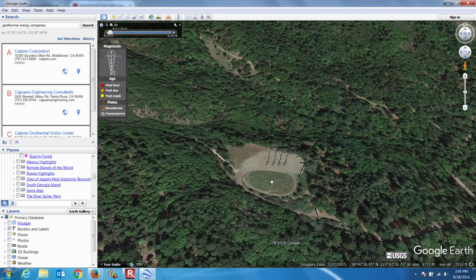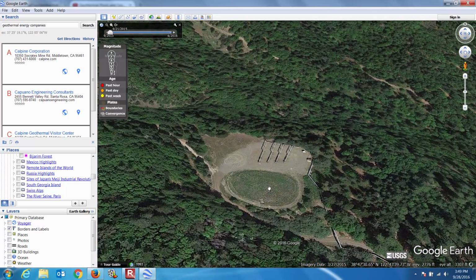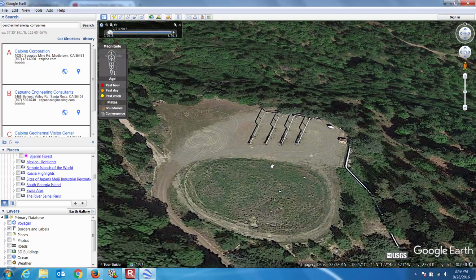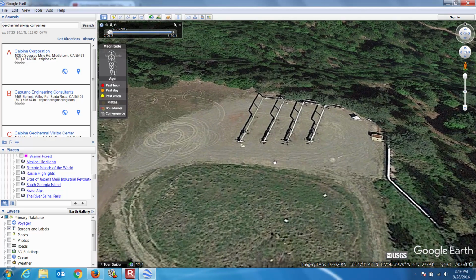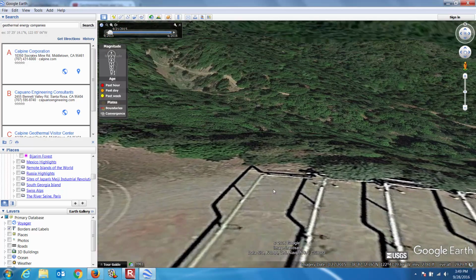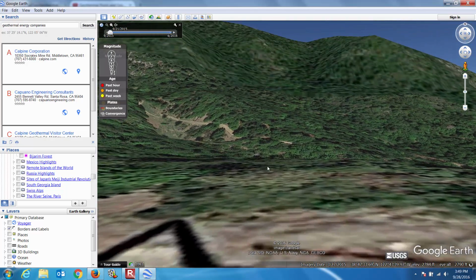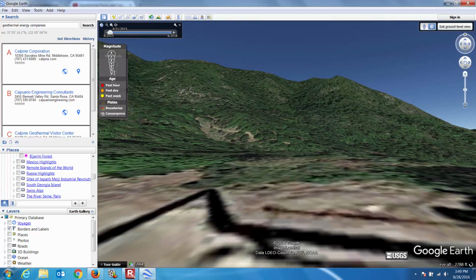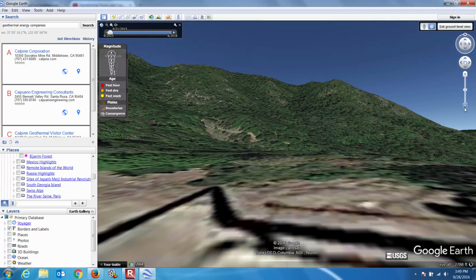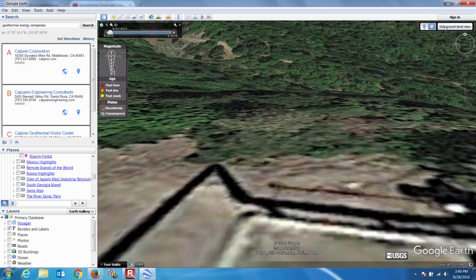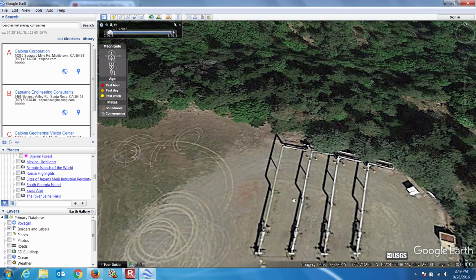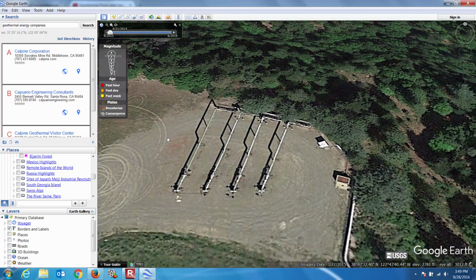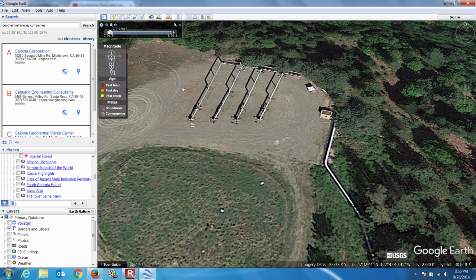So some of the brine solutions that they have in their storage facility here. So here we go. You can see the series of production wells here.